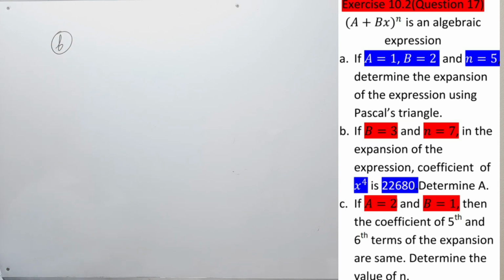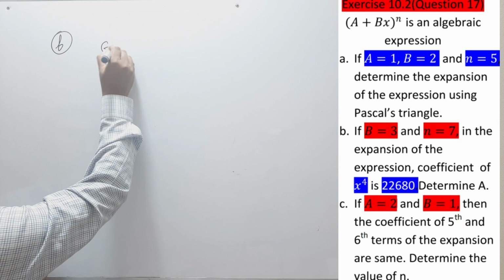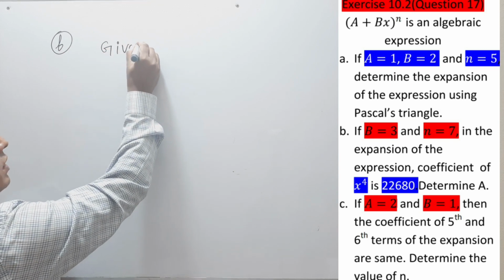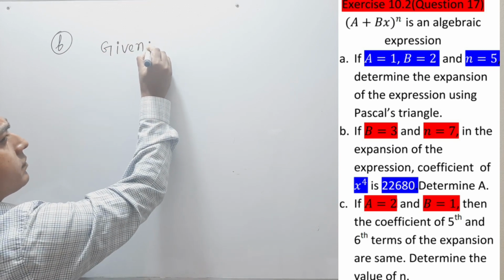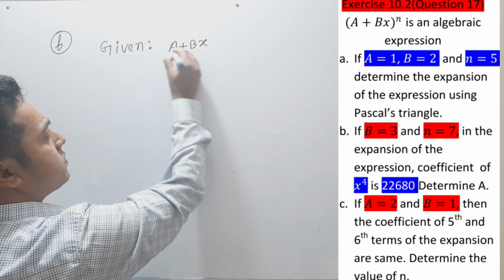Here b is equal to 3. Our binomial term is given: a plus bx to the power n.